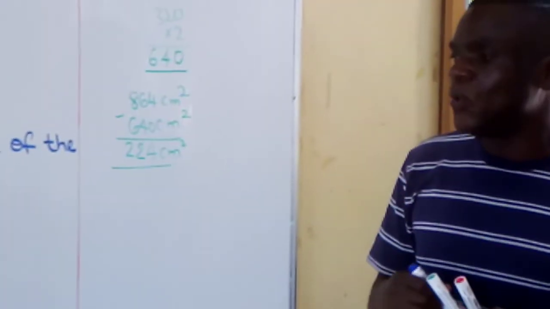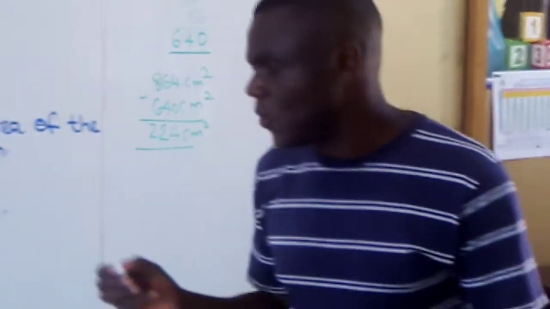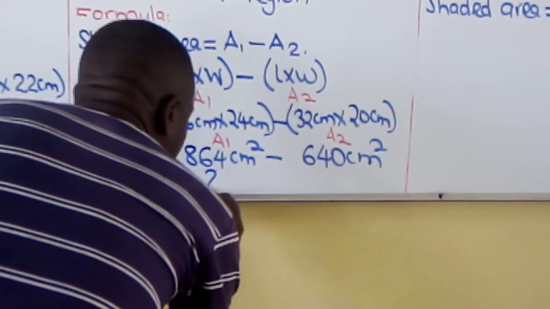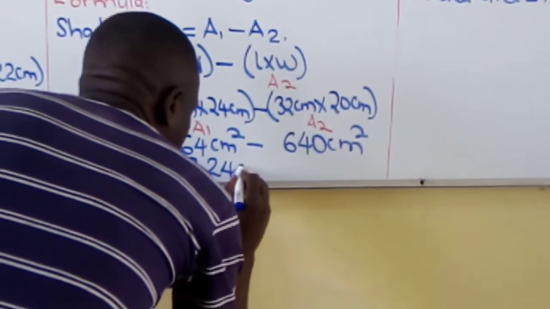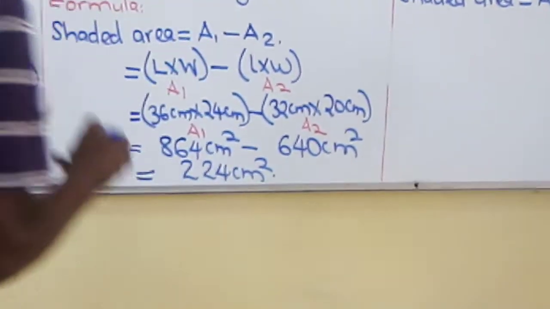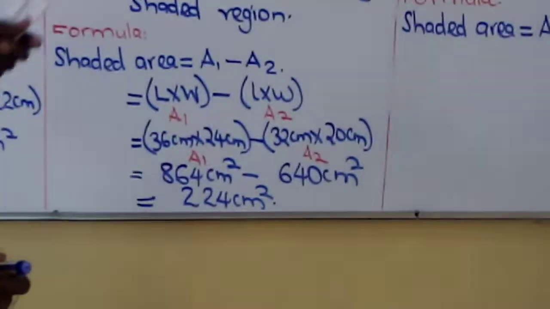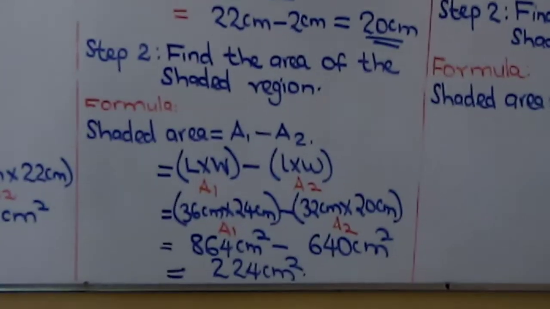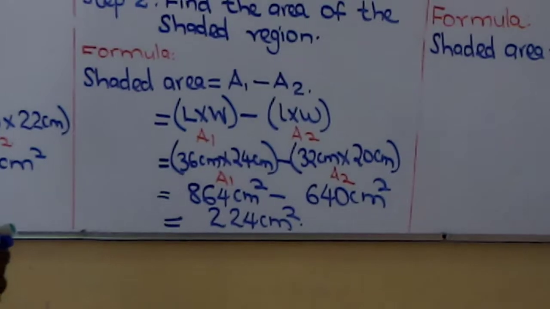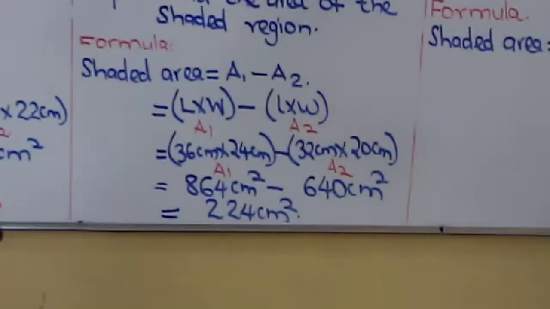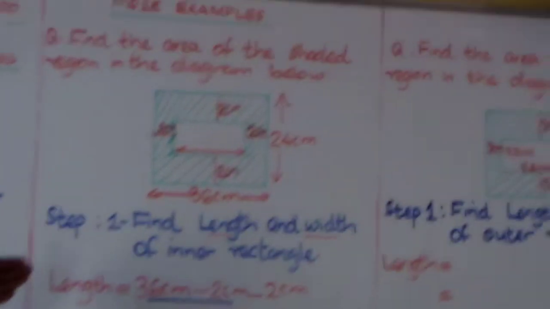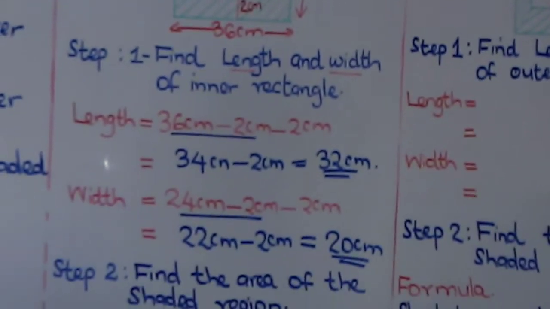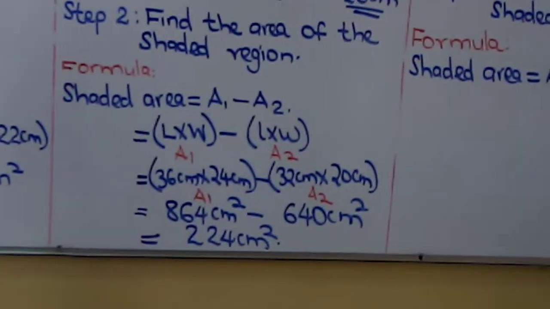Our answer is 224 square centimeters. That is the area of the shaded. The shaded area becomes 224 square centimeters. I hope you understood the process. There are 2 steps involved. Thank you. Let's go to another example.